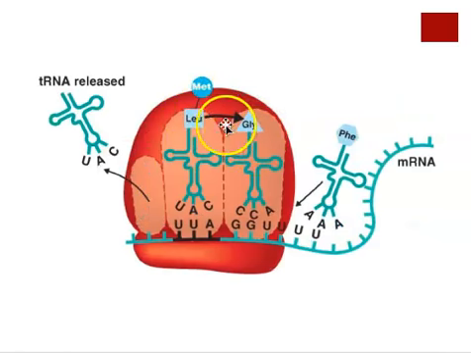So here's the peptide bond being built between the growing strand here and the new amino acid, the glycine. The tRNA that has already donated its amino acid, it's going to leave the exit site, the E site, and the ribosome is going to shift again.